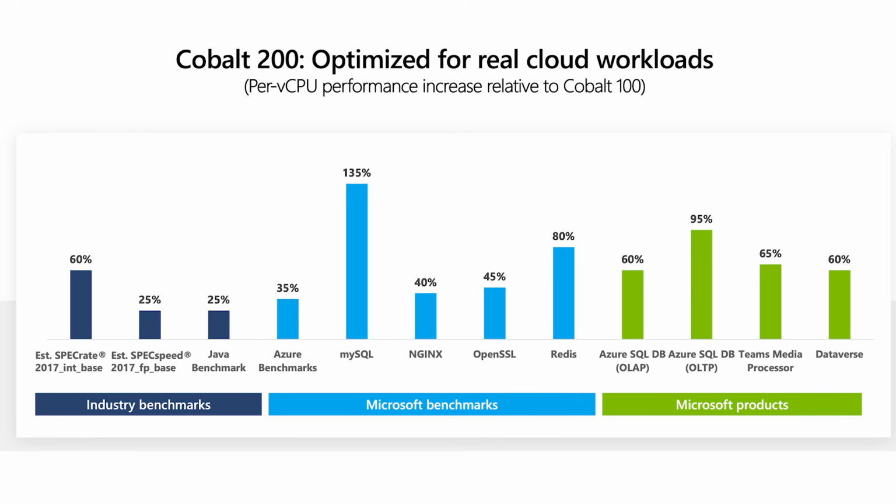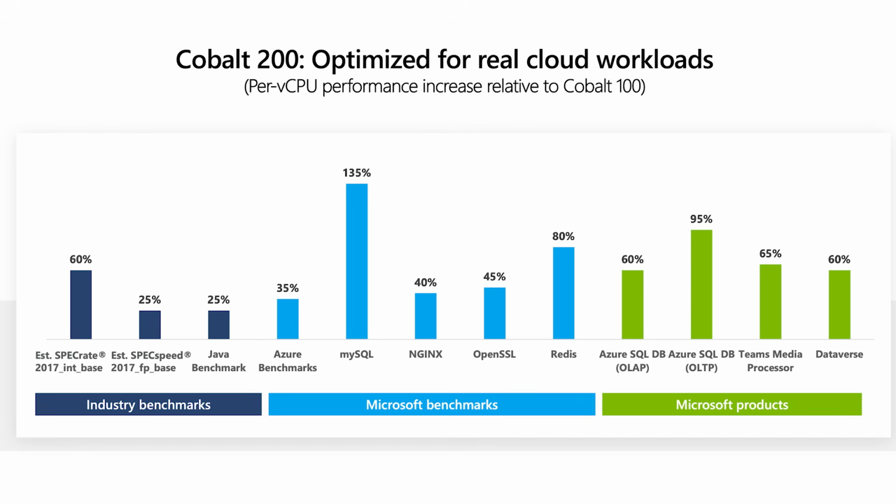What you're looking at is Cobalt 200 per core performance, measured relative to Cobalt 100 across three lenses. On the left, industry-standard benchmarks, the vendor-neutral, repeatable measurements your engineering teams trust. Across the board, Cobalt 200 delivers a meaningful generational leap. In the middle, our own Microsoft benchmarks, broader, more diverse workload coverage that mirrors what actually runs in production. It's the same story, a clear, consistent step up.